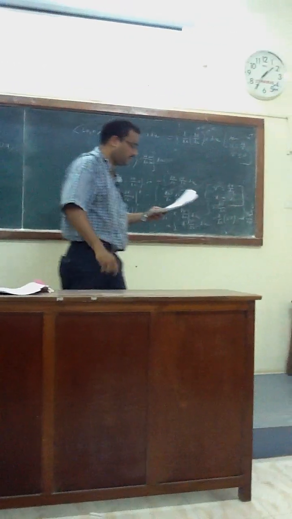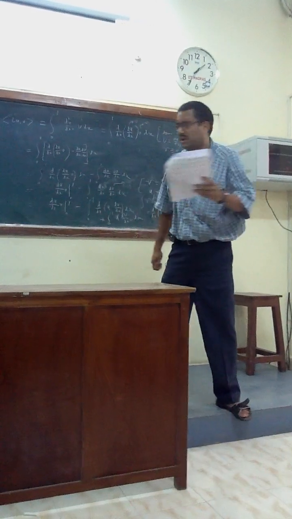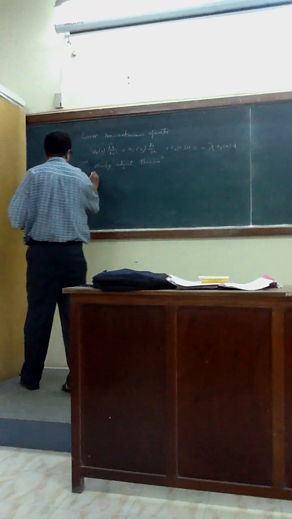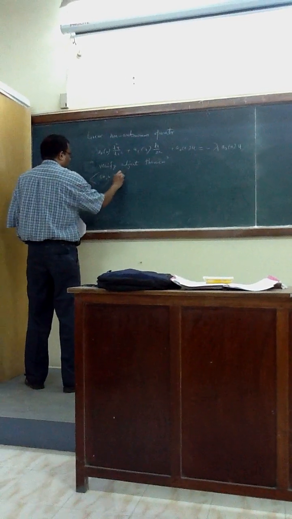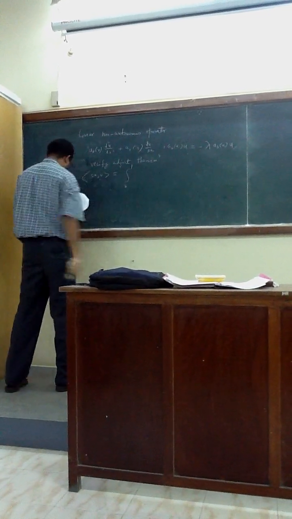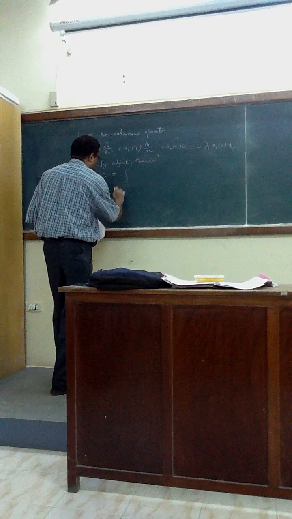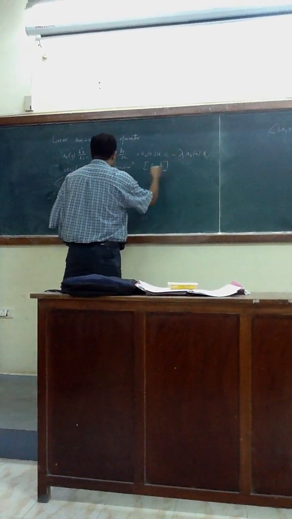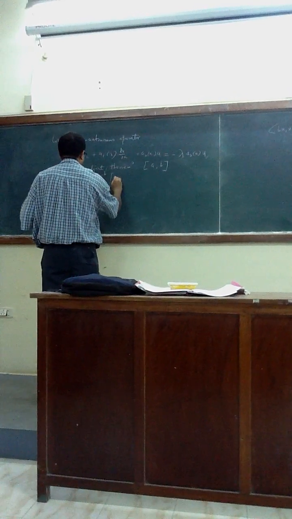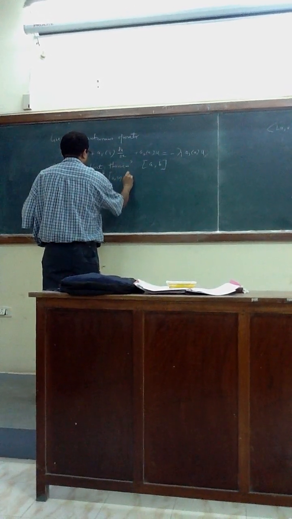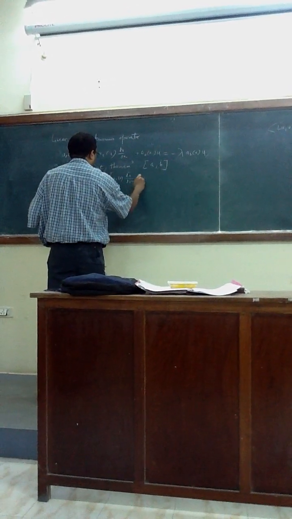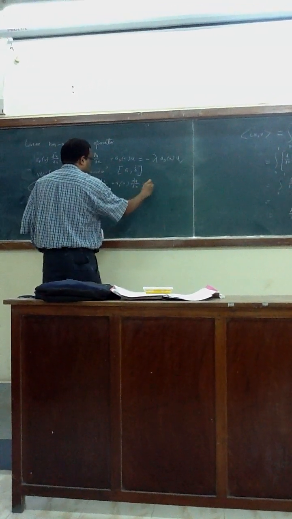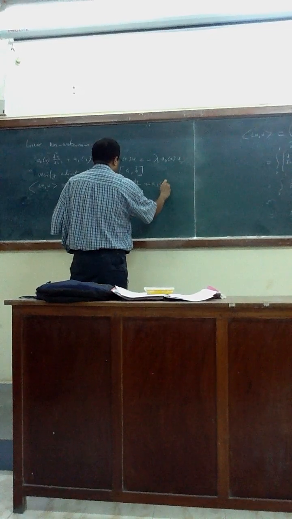Inner product of Lu and v, where my domain is A to B, most generalized. I am saying my domain is A to B, which is integral of a0(x) d2u by dx square plus a1(x) du by dx plus a2(x) u, times v dx.